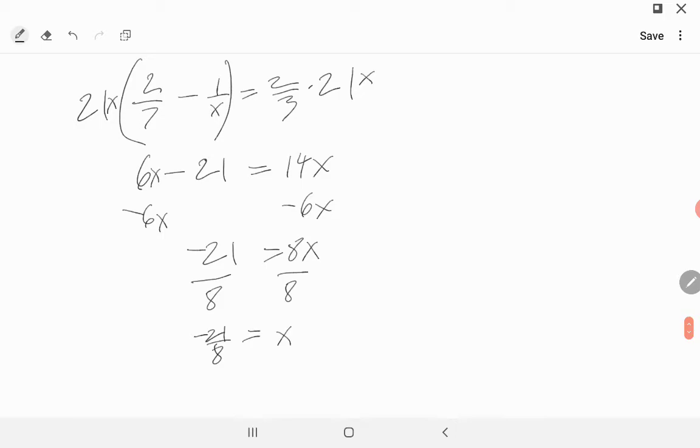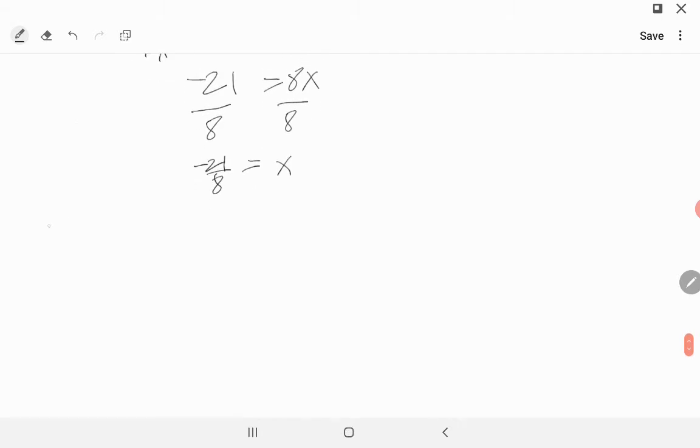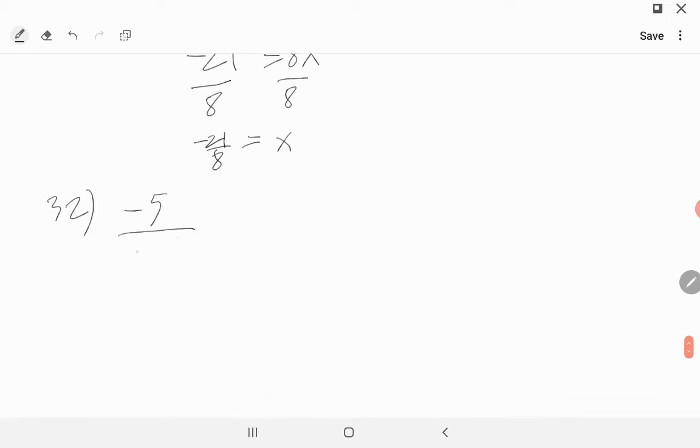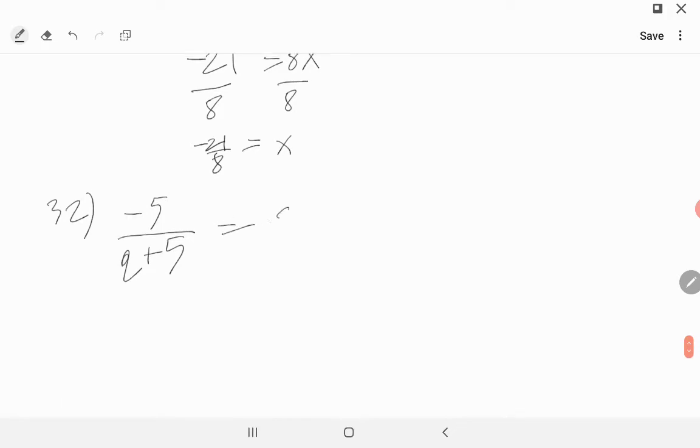So if we look at something a little bit messier, we could try number 32. We have negative 5 divided by q plus 5 equals q divided by q plus 5 plus 2.